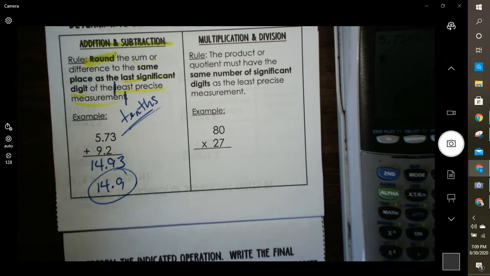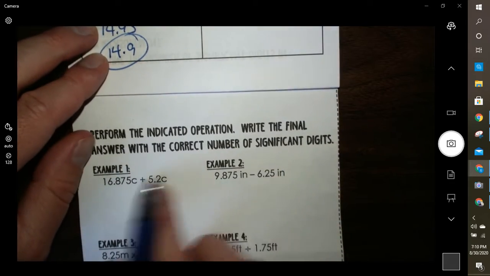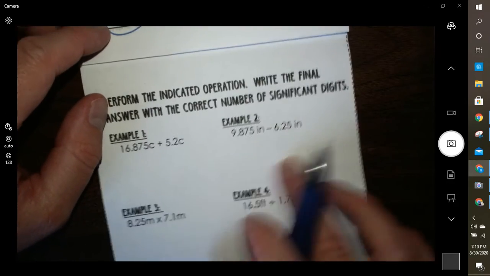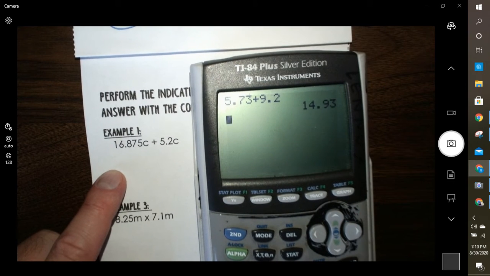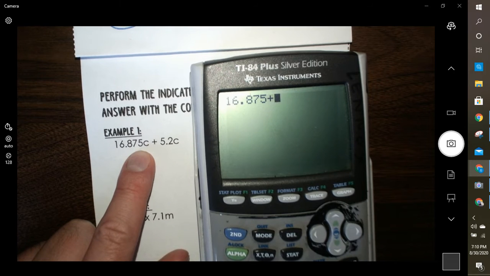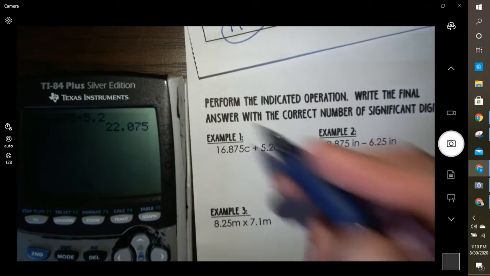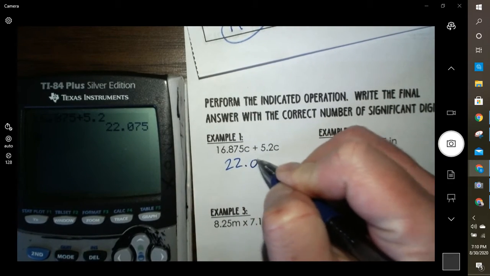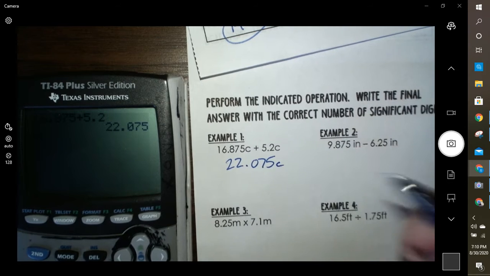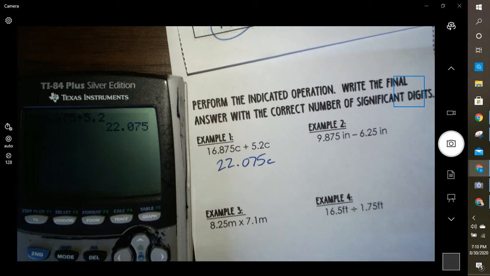Let's go ahead and complete the examples here that are using this rule of addition and subtraction. I'm going to use the calculator to speed up our process with getting our sum or difference. 16.875, sorry, didn't see that there, plus 5.2, and we get 22.075, and these are both in centimeters.